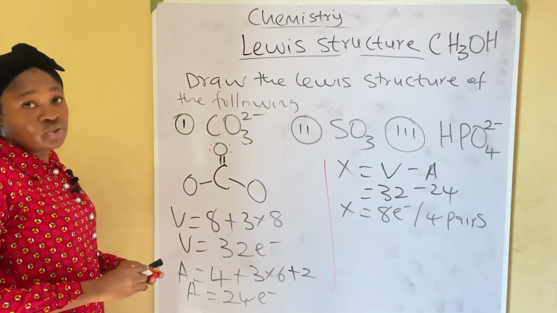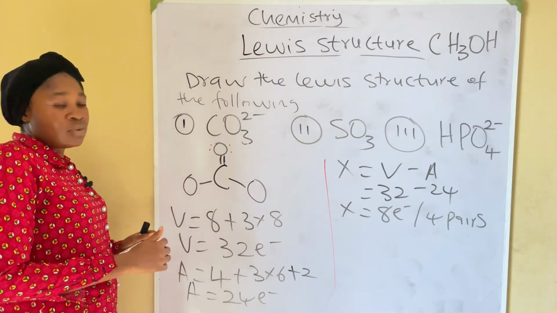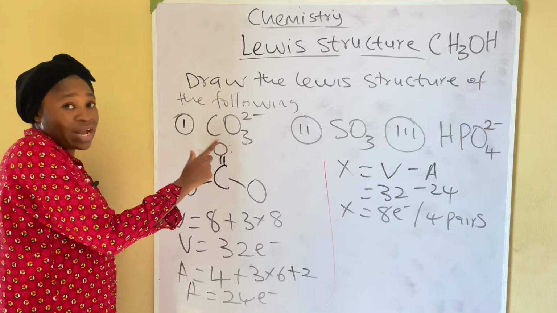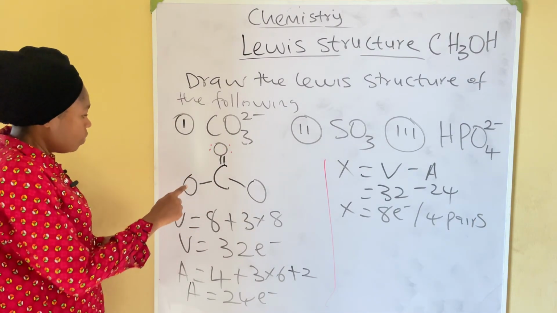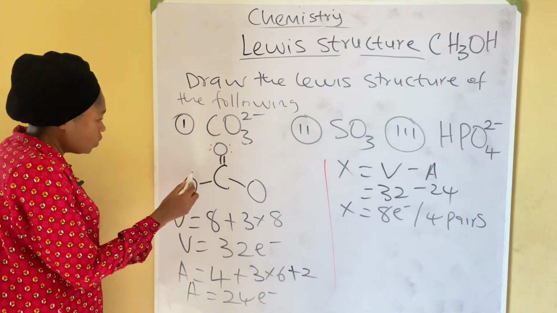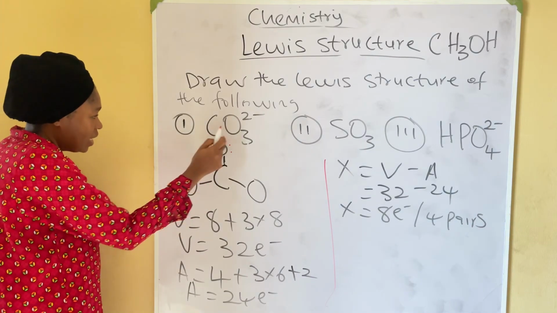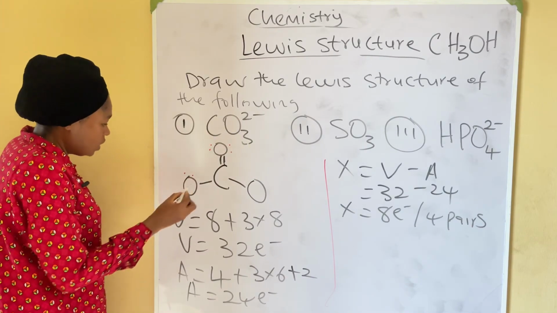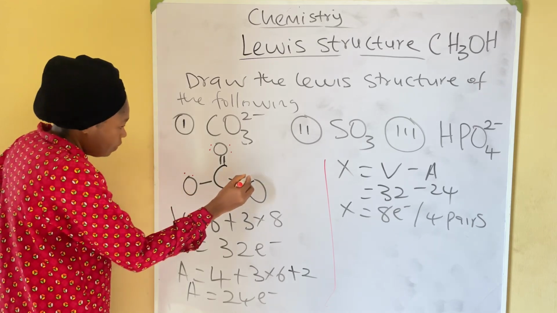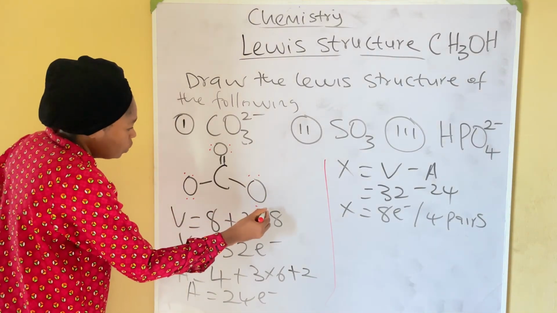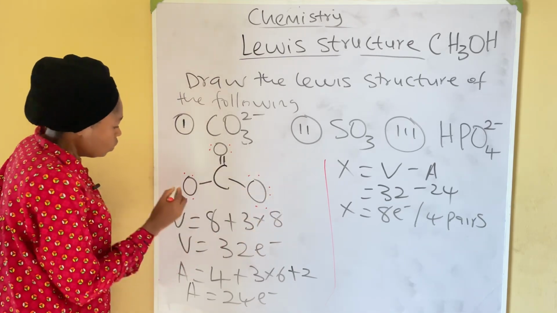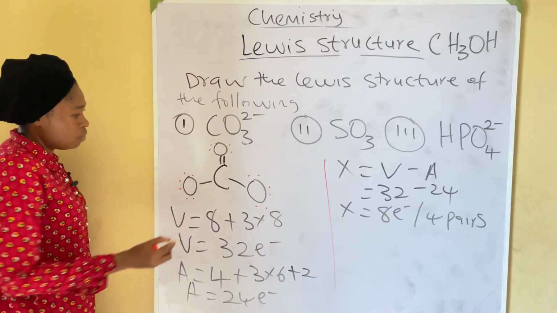When you have an oxygen double bond, it can only hold 4 electrons because it cannot be more than 8. So single bonds, this is 8, 9, 10, 11, 12, 13, 14, 15, 16, 17, 18, 19, 20, 21, 22, 23, 24.